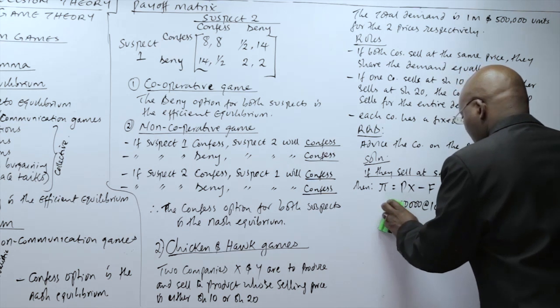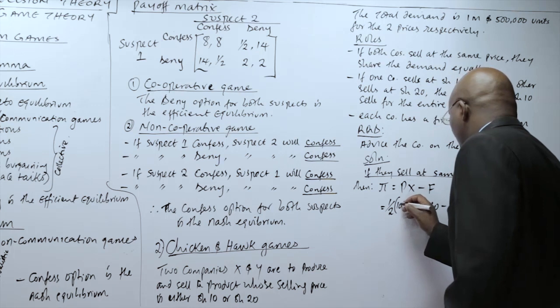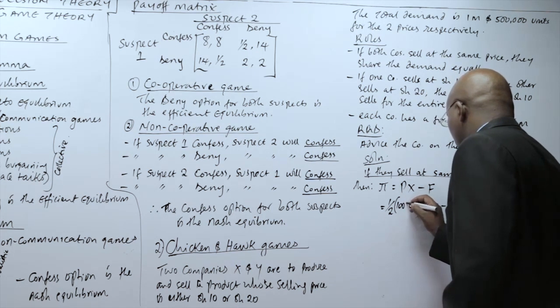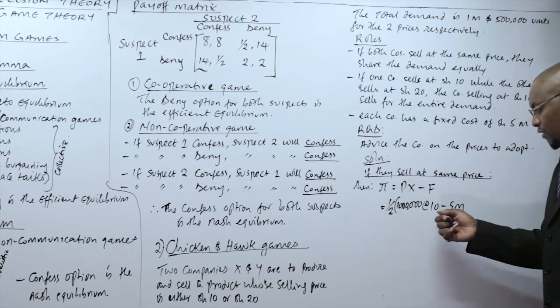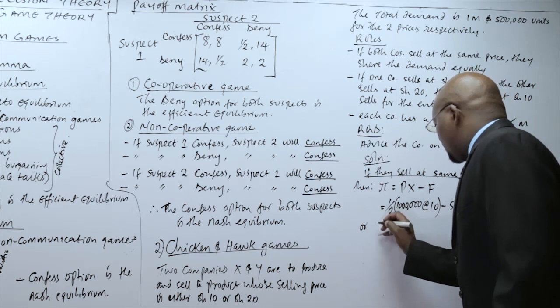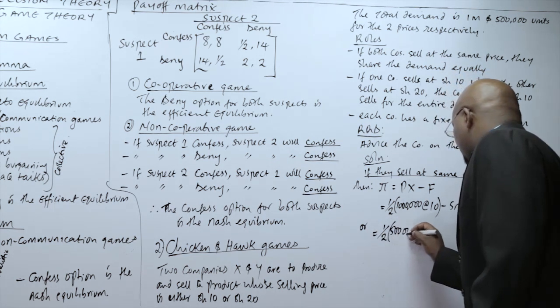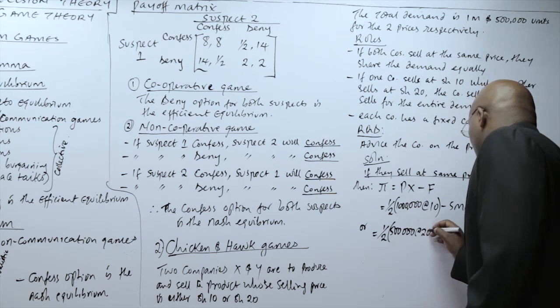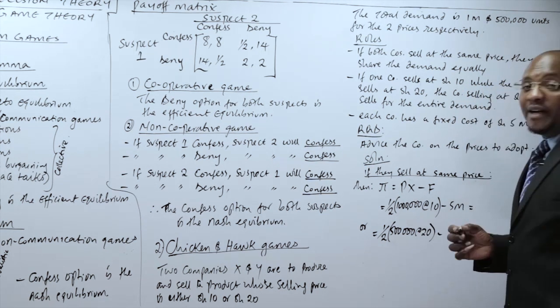So I better give it to you this way: half of 1 million units. You can see that 1 million units is for the price of 10 shillings. And then, or half of 500,000 at 20 shillings, minus 5M. So this is for each company.